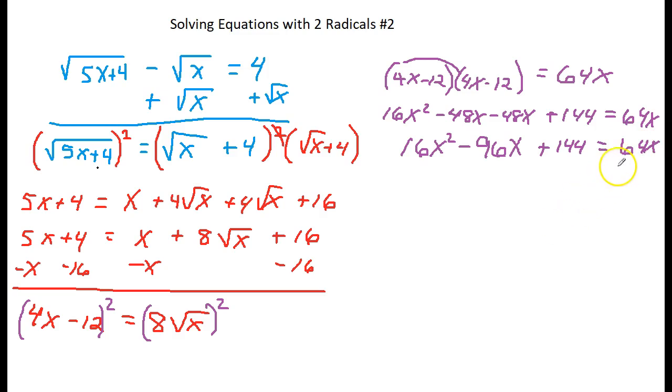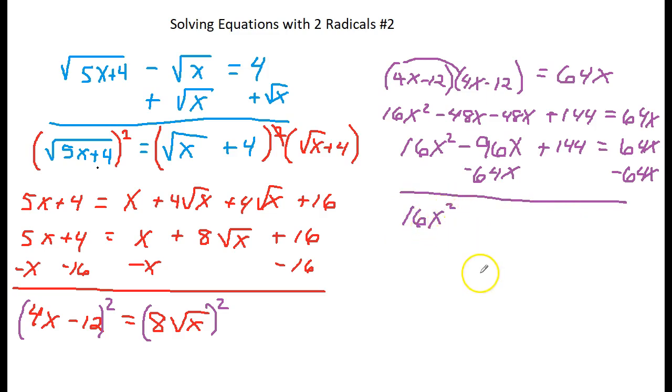Now, I am going to subtract 64x from each side because I want it equal to 0. So I have 16x squared minus, let's see, add those together, plus 64 gives me minus 160x, ooh, big one, plus 144 equals 0.